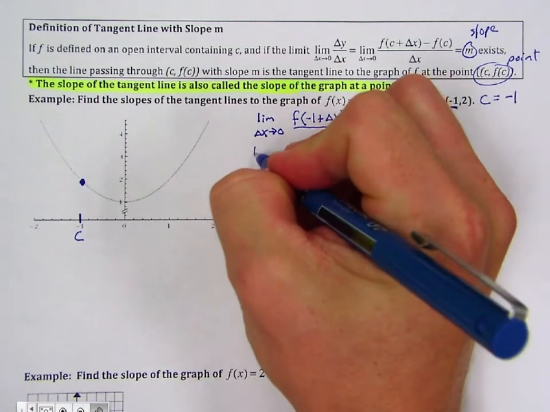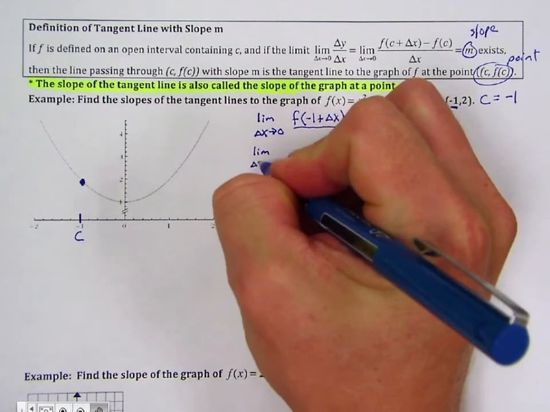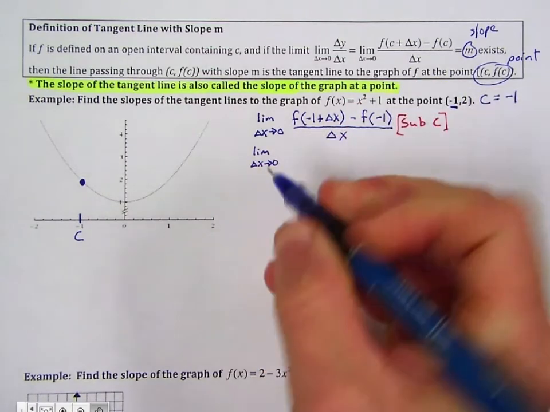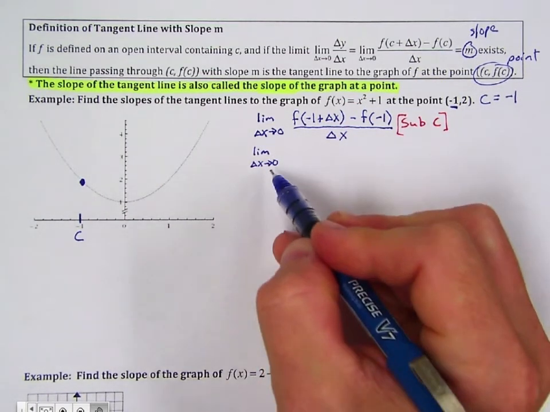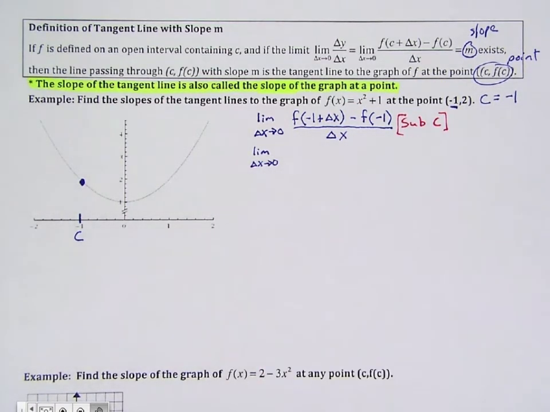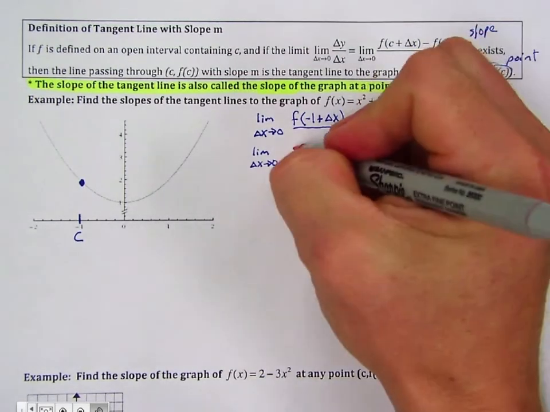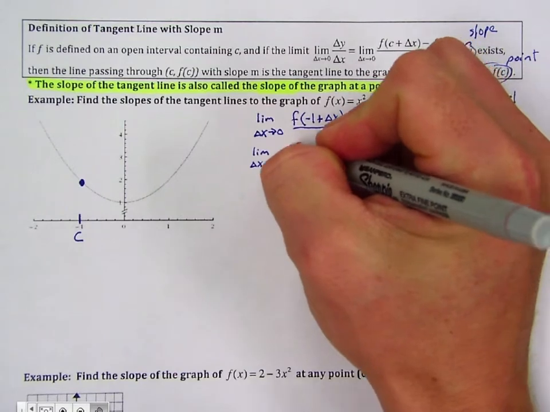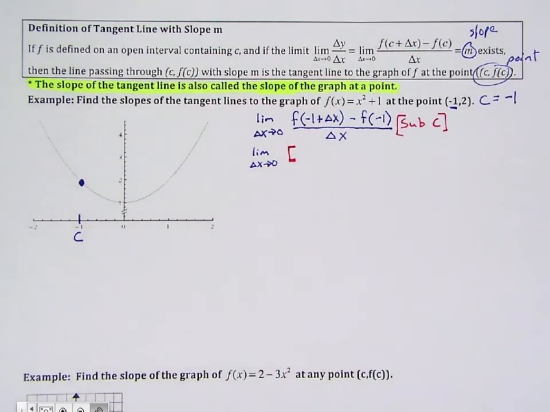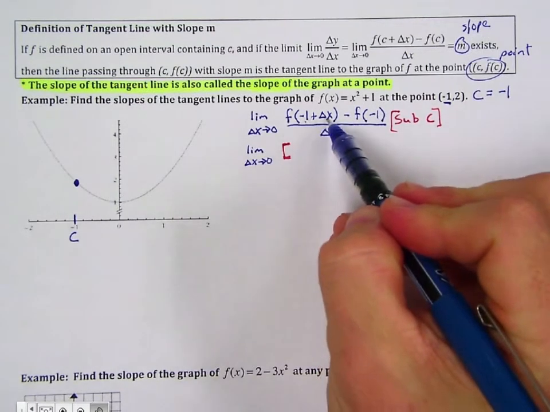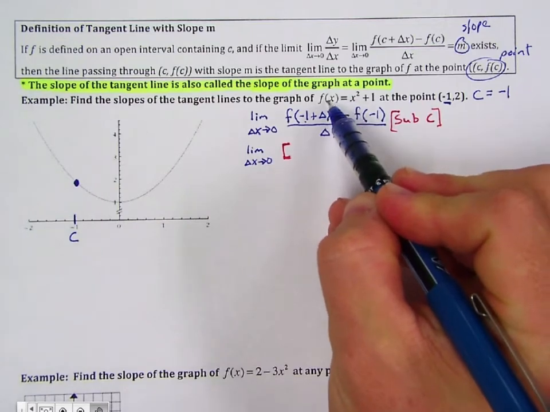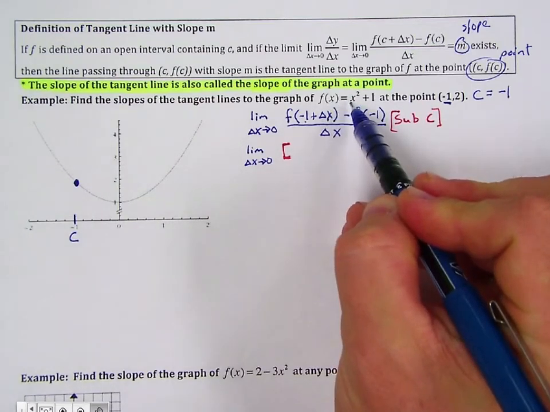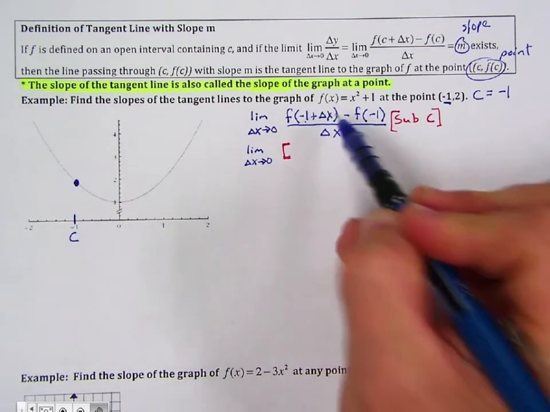Now it gets a little tedious, but every time I do want you to rewrite the limit as delta x goes to 0, because it keeps reminding us what we're trying to find. Now anytime you see f, open up square brackets. And you're going to replace x in our function with -1 plus delta x. So anytime you see x, you're going to put -1 plus delta x.